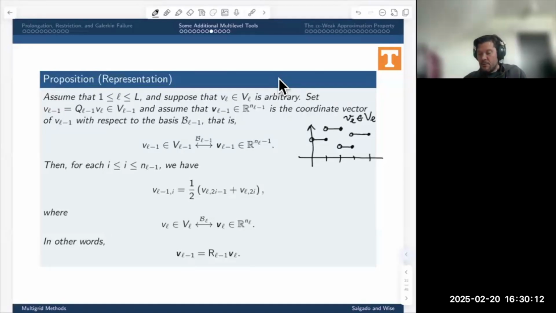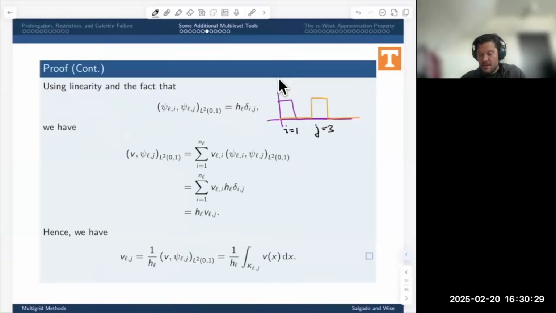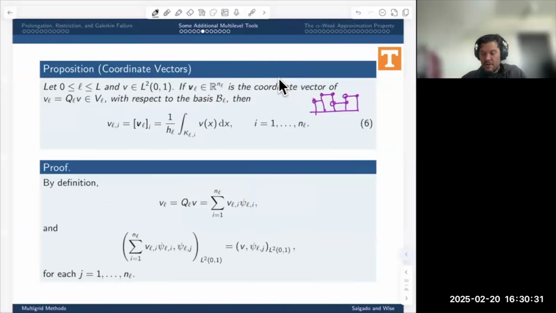And what we want to do is take that guy and use the L2 projection to move it to the coarse space VL minus 1. So what is going to go on there? Well, we already know what the answer is because this little result here applies.